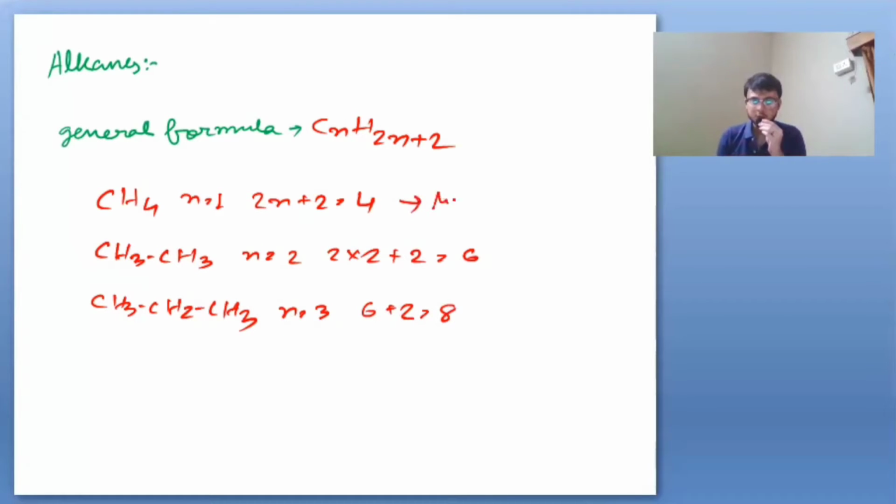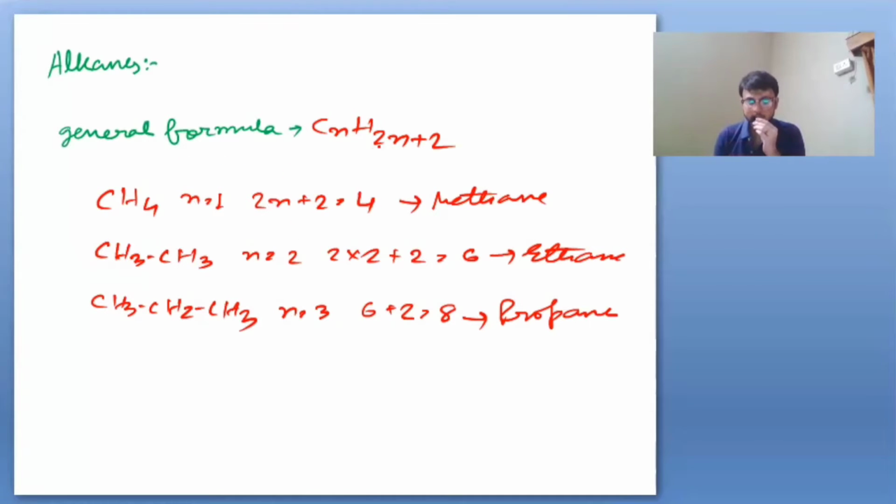So it is our methane, ethane, and propane. That's how we know that this is an alkane, just by calculating from this formula CnH2n+2. And there are no double or triple bonds here, so it's an alkane.